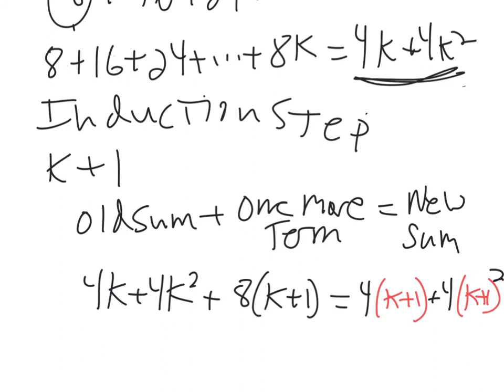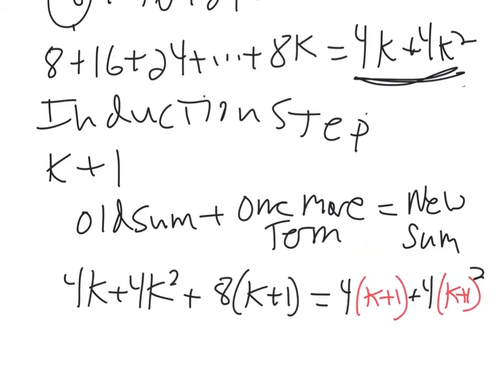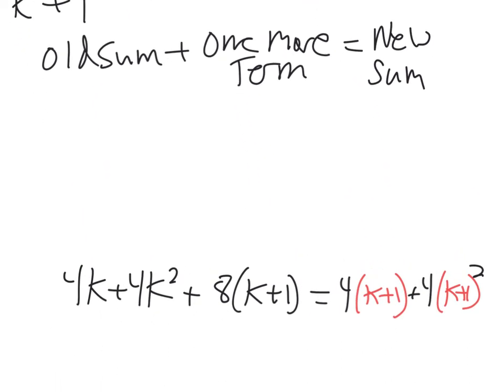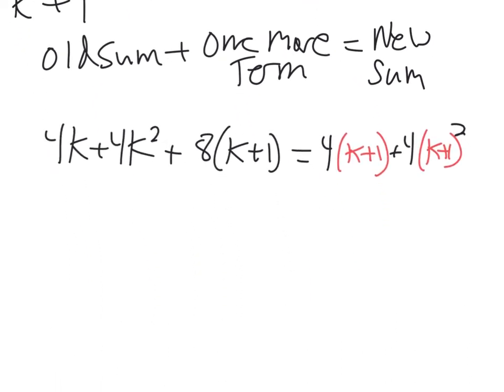Now we've got some algebra to do. Because this is an identity, just like when we did trig identities, we don't want to be moving things across the equal sign. We've got to work on each side separately and try to make one look like the other. So I'm going to work on the left-hand side first. So 4k plus 4k squared, and I'm going to distribute that 8 through.